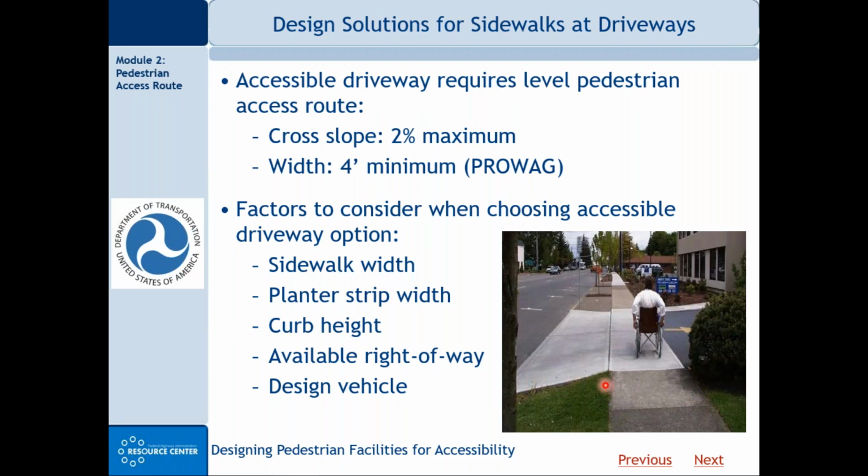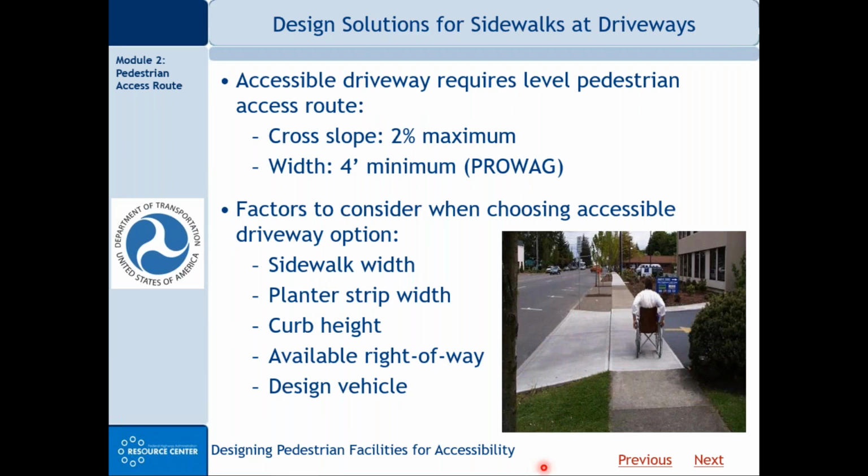I mentioned yesterday, these are not required under PROWAG, but I think you can see here that having that buffer strip or planter strip can be a benefit, because notice here, they were able to steepen the driveway within that buffer strip. Another factor is the curb height. Obviously, available right-of-way is a factor. And then, of course, we need to consider the design vehicle that uses the driveway.